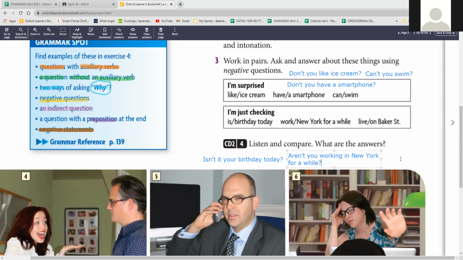All right. So this expression for a while gives the idea of something temporary, and then we need to conjugate the verb in the present continuous, right? So, aren't you working in New York for a while? Try to say that.